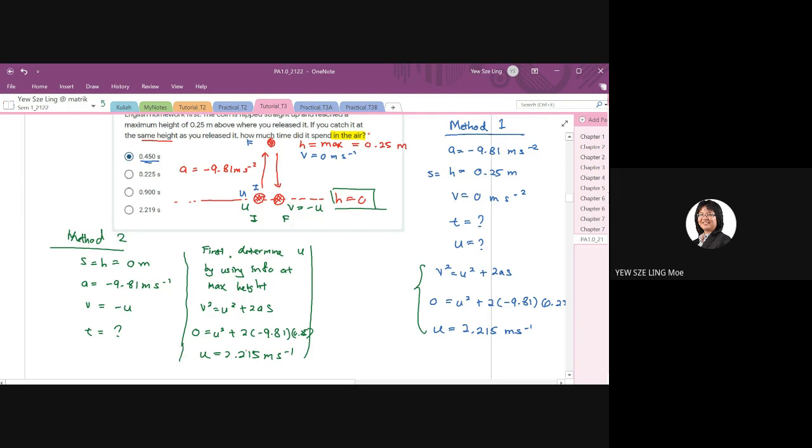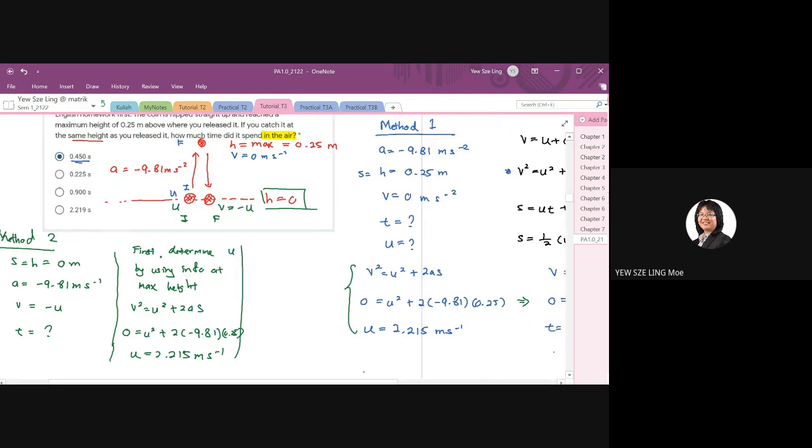Now, the advantage of using the final position at your h equals 0 is that now you don't have to multiply the time by 2. The time that you obtain by using s equals 0, a equals negative 9.81 m s^-2, and u equals 2.25 m s^-1, is straight away your total time in the air.